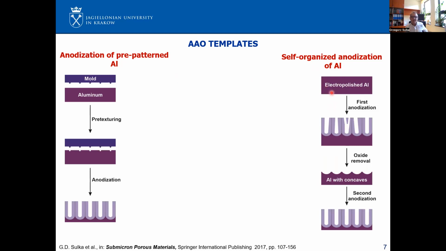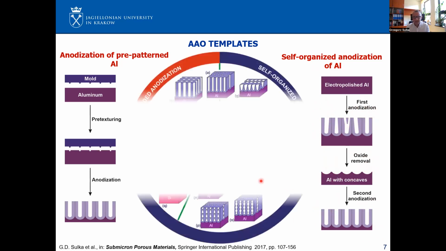First anodization results in a disordered porous structure, and we can remove this oxide from the substrate, and we observe some concaves on the surface of aluminum, and these concaves act as a pattern for generation of oxide in the next step.